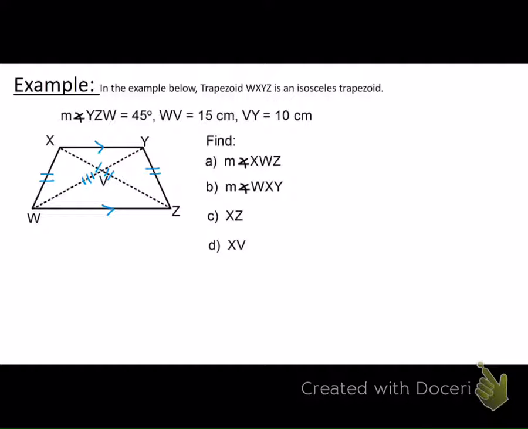So it tells you YZW is 45 degrees. WV is 15. And VY is 10. So I'm labeling what I know.